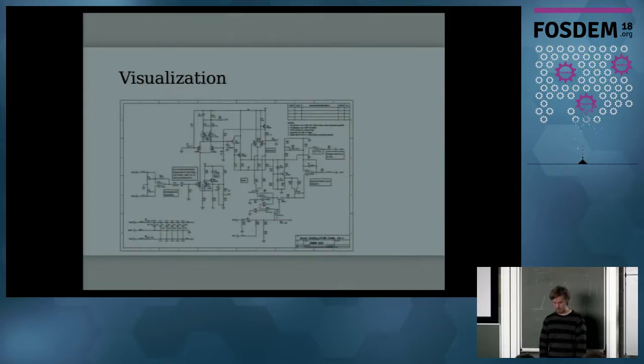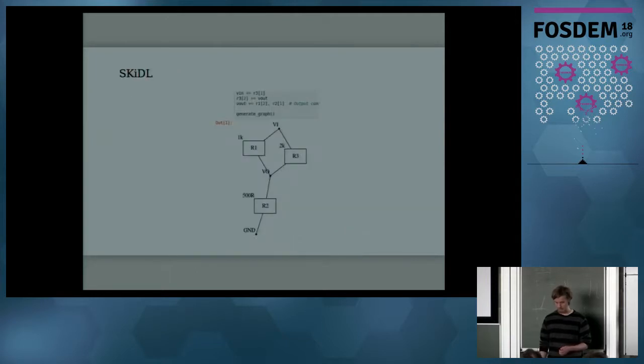But on the subject of visualization, with schematics, I like reading schematics, but making them can be a pain. And I like reading good schematics. So really, we want some kind of visual output from our programming, from our circuit language. So I added this graph-based output to Skiddle, and I made it look a bit like a schematic, though I knew it would never look like a schematic, and that's how far I got with it.